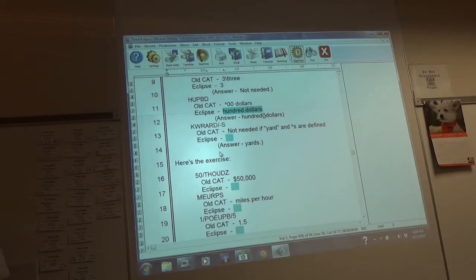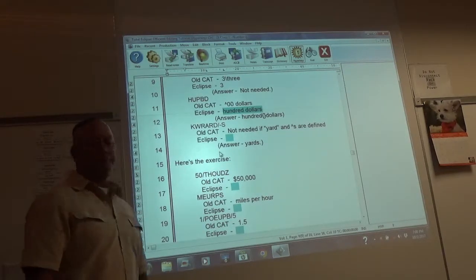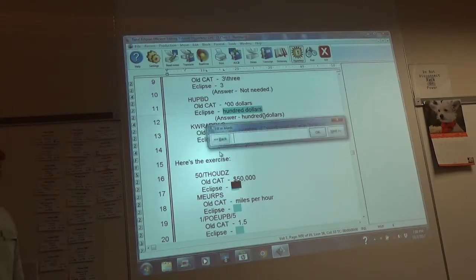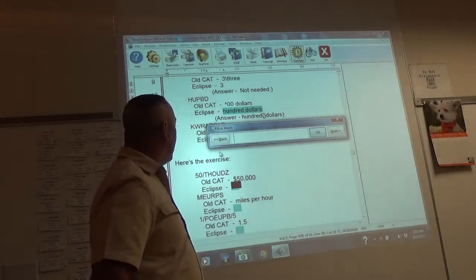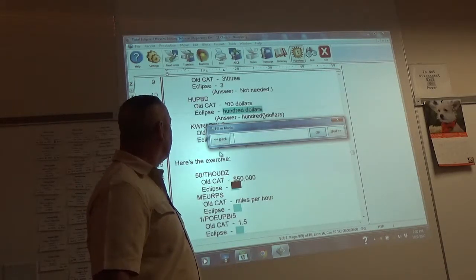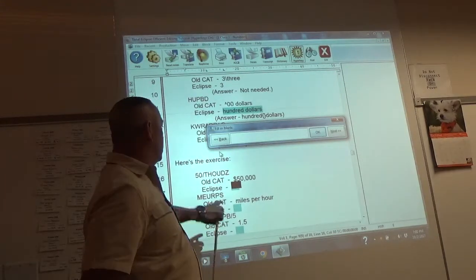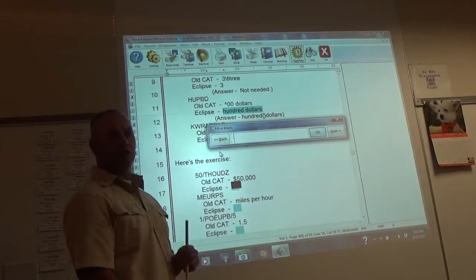Okay, here's the other exercise right here. So I'm going to come in here to E. Katie, what do I need to define? The stroke is 50, next stroke $1,000.